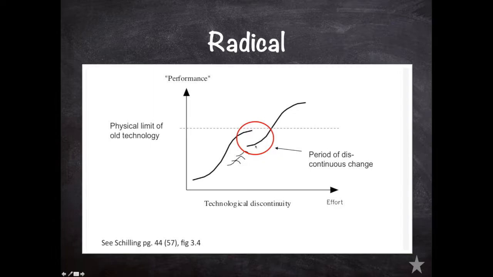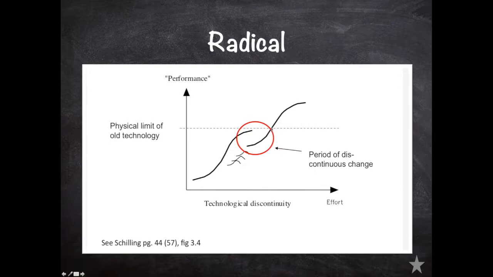But as you can see, this new technology has a lower performance than the old technology in the start. It starts lower. So the old is superior to the new in the beginning. But then this is a new S-curve. In theory, this is the same as this S-curve. And efforts are being made to enhance this new technology.